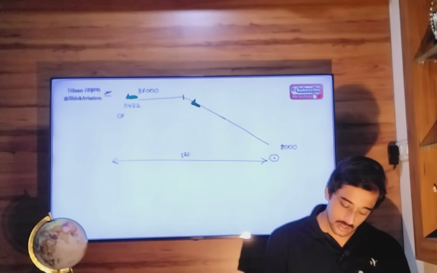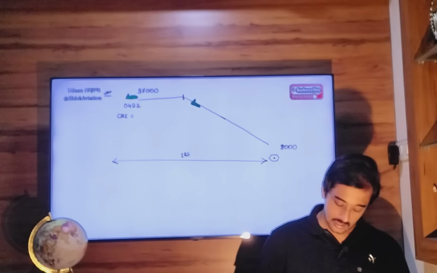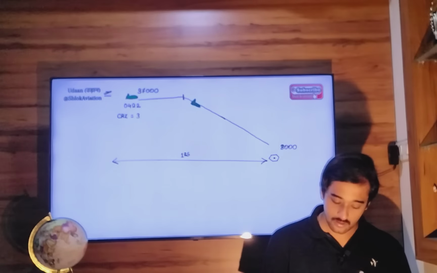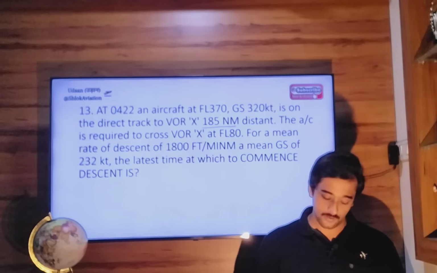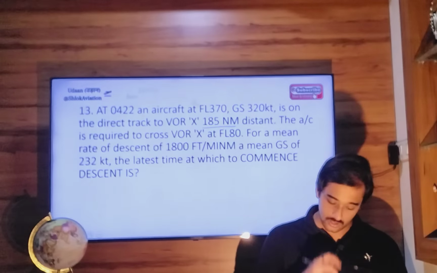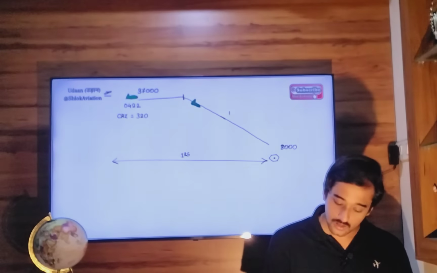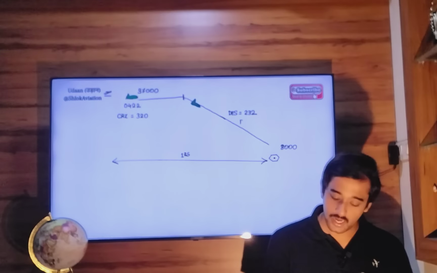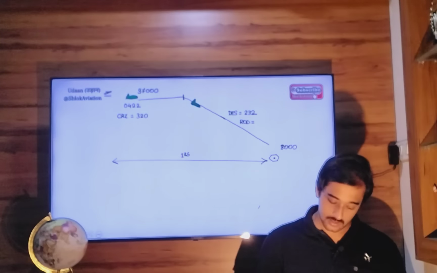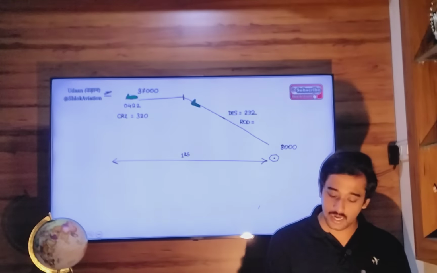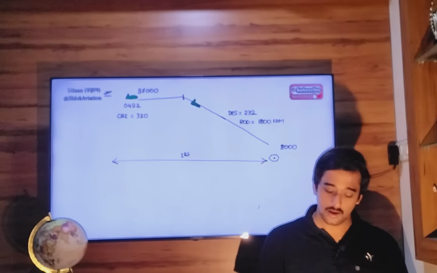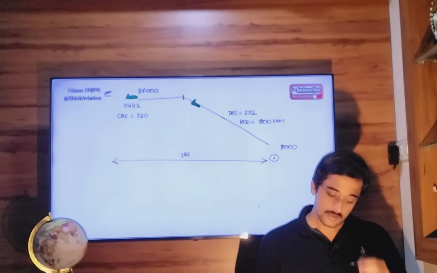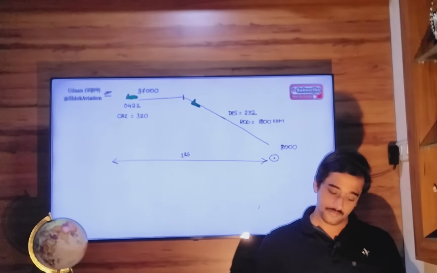The descent speed, the ground speed of your aircraft at the time of descent, is 232 knots. The rate of descent is 1800 feet per minute.